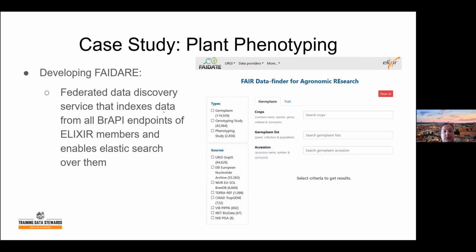And finally, we developed FAIRDARE, which is a data discovery service that indexes data from all graph endpoints across the ELIXIR members and enables searches over them.